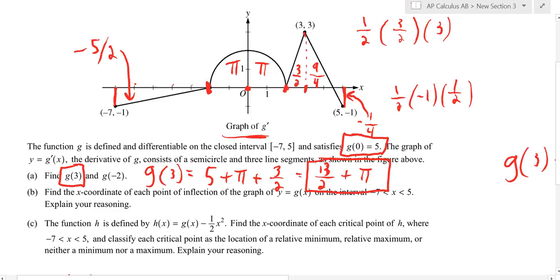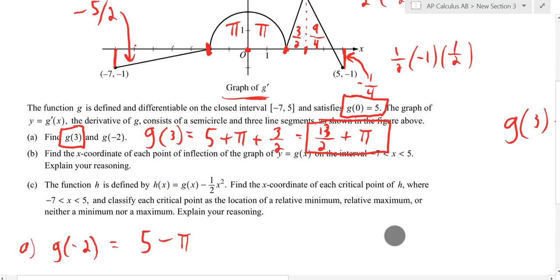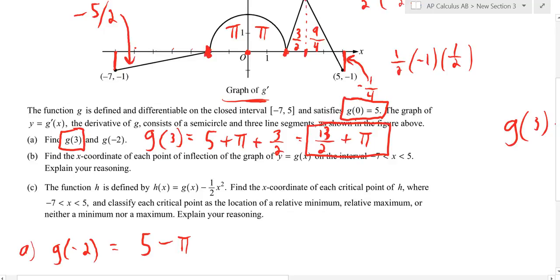But g of 0 is 5. Okay, so it ends at 5. It goes all the way up to 5, so we've got to figure out where it started. 5 minus pi, right? Now they put a pi in there to make it look more complicated. But g of -2 has to be 5 minus pi. Because if g of -2 is 5 minus pi, then when you go to 0, you add pi to that and you get 5, which is what you're supposed to get.